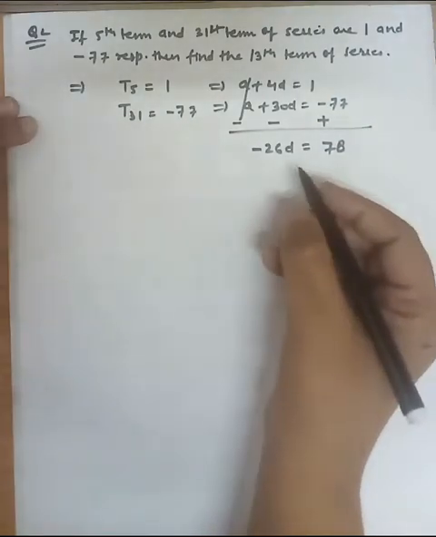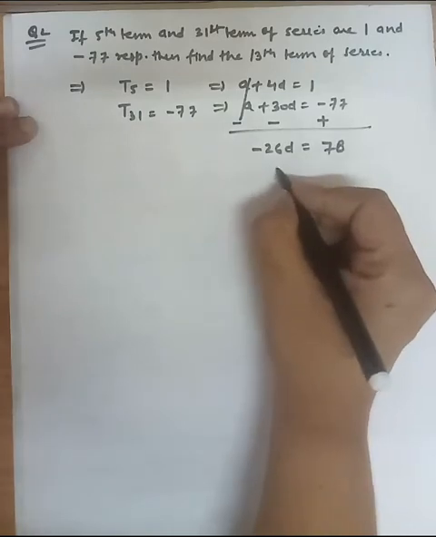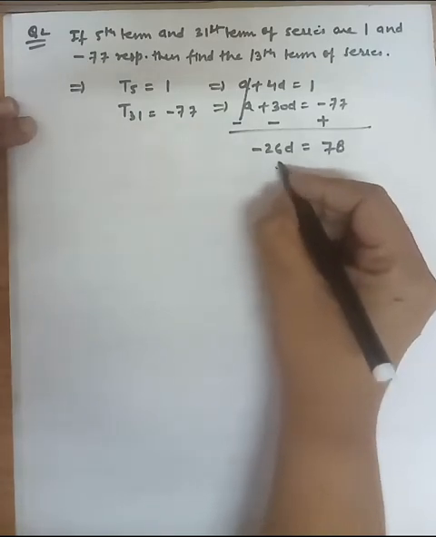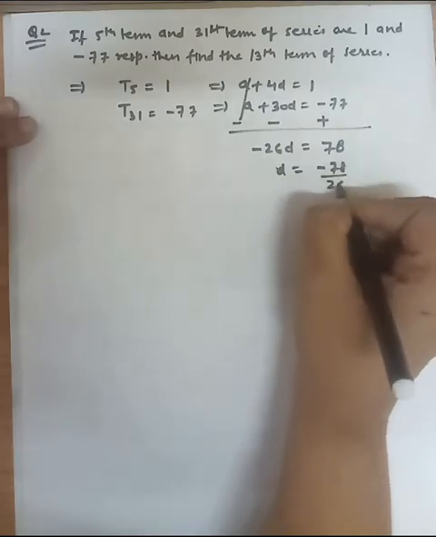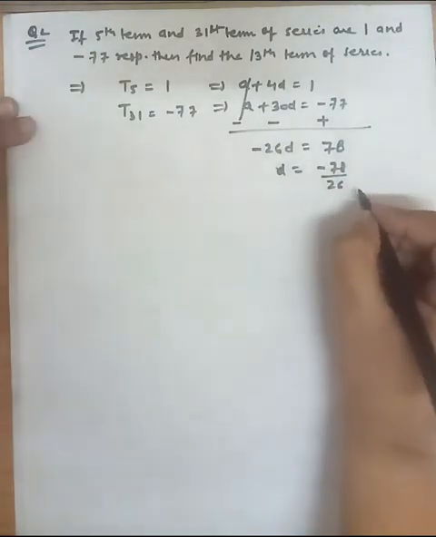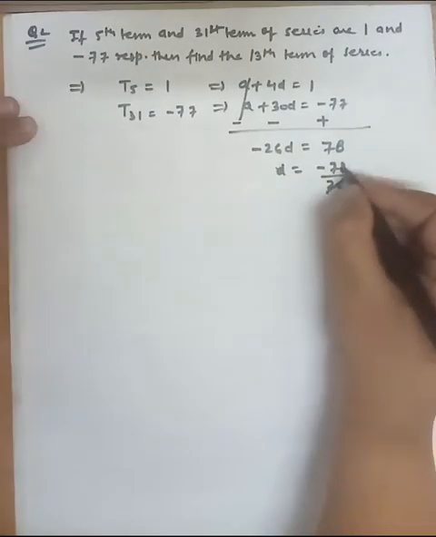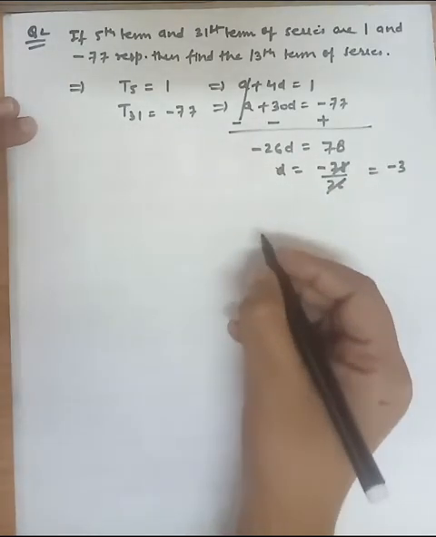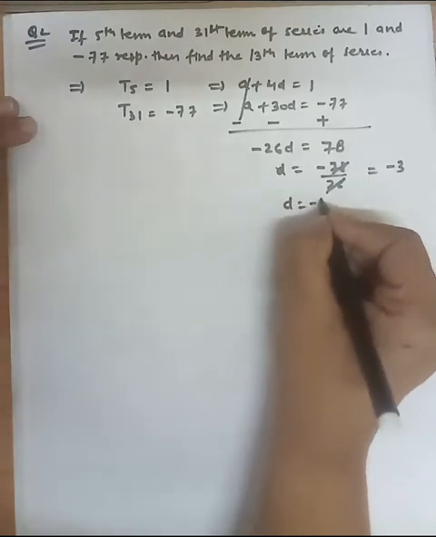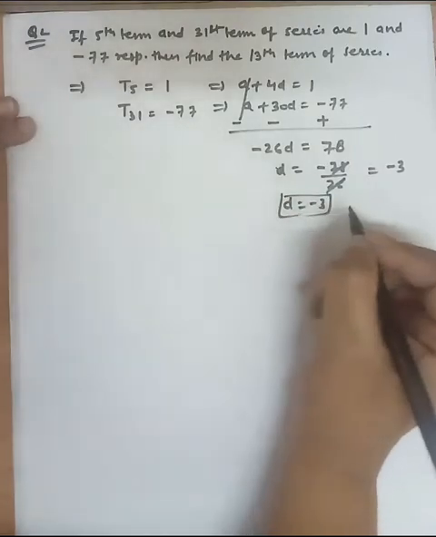And d equal to minus 78 by 26, and this value comes to minus 3. Okay, so d equal to minus 3. So the first value comes d equal to minus 3.